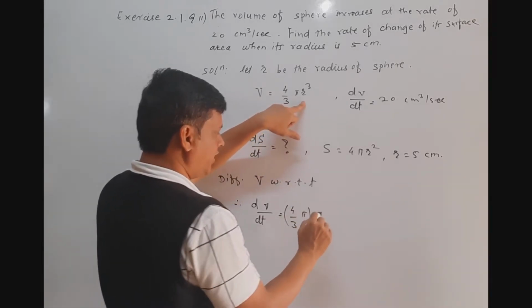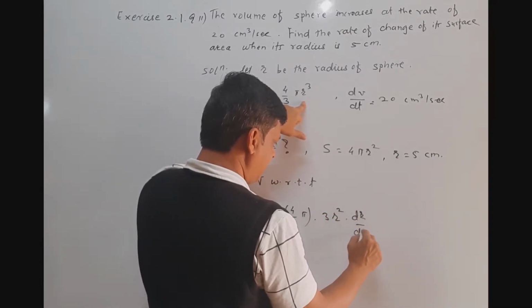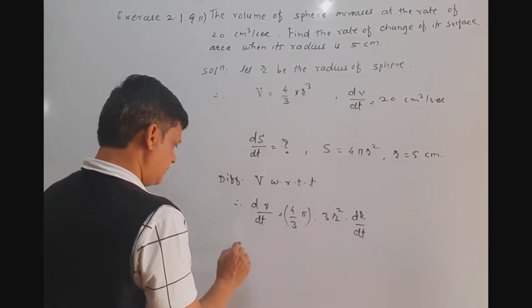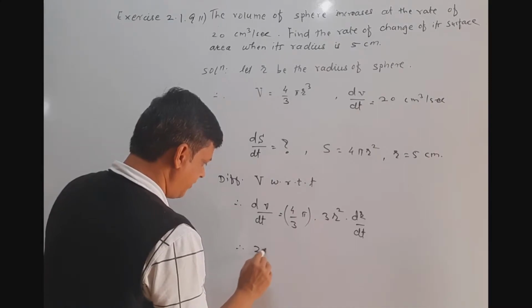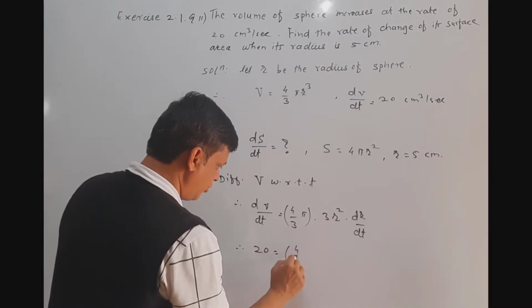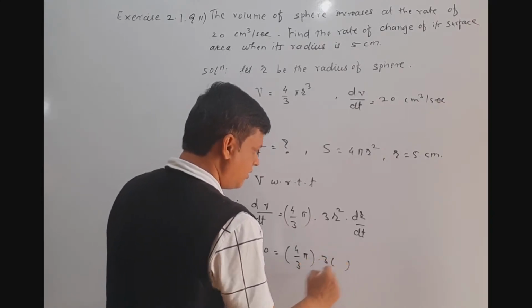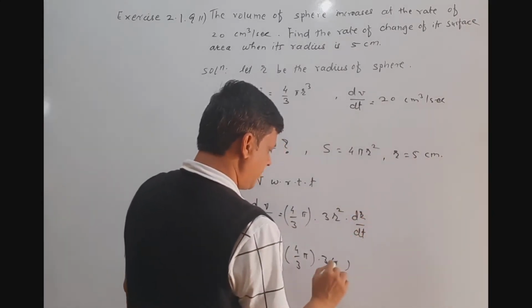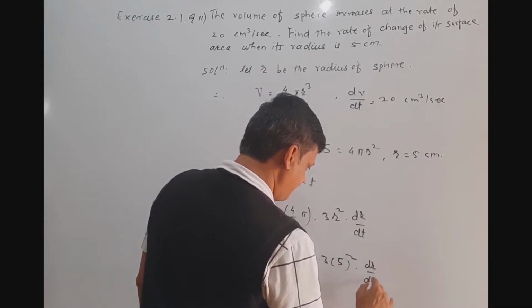Derivative of r cube we write 3r square into dr by dt. Therefore dV by dt is 20, so we write 20 is equal to 4/3 pi as it is, 3 into, we substitute r equals to 5, so we get 5 square into dr by dt.